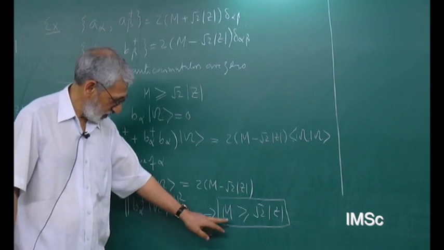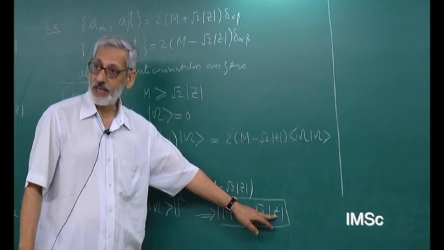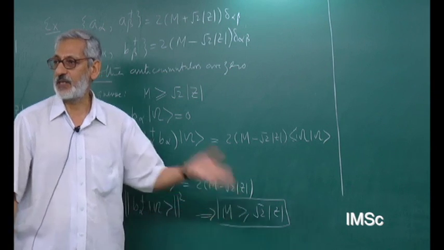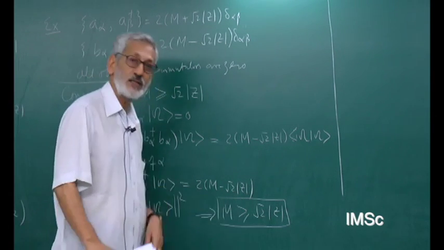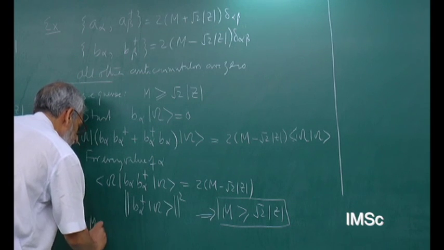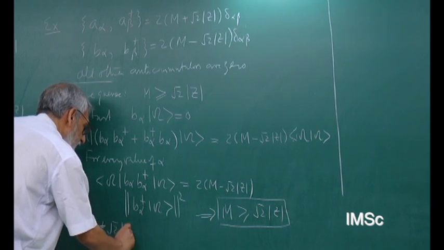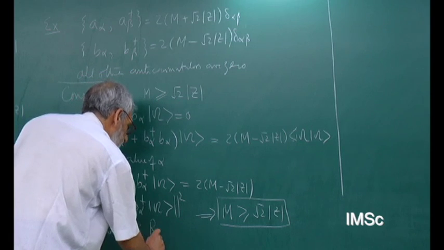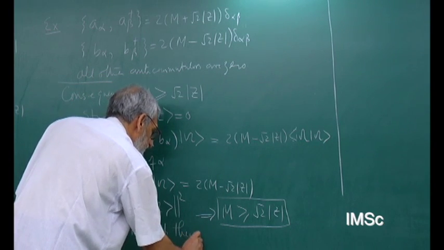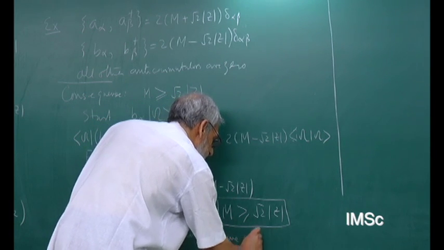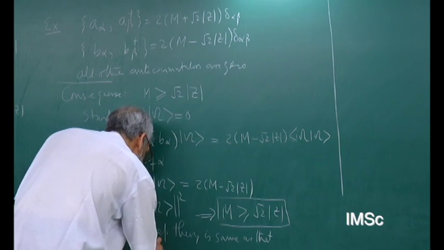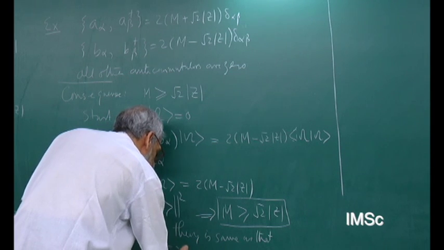The particular value, when m is equal to root 2 mod z, when this equality holds, is a special case. It has very nice properties. But when m is not equal to this, so m not equal to root 2 mod z, then representation theory for this algebra is the same as that with no central charges.